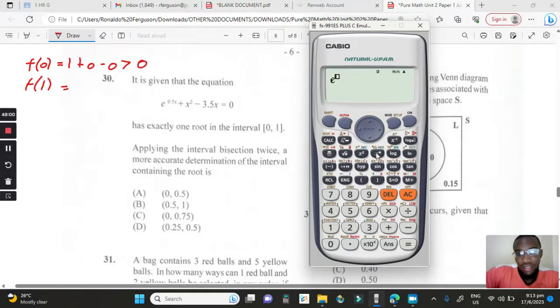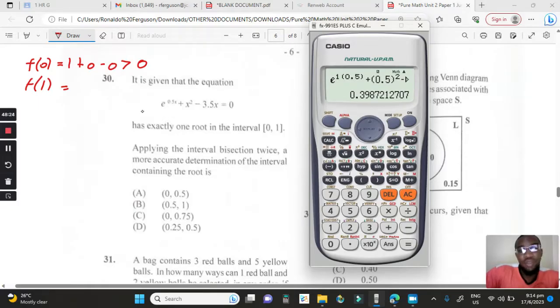exponential e raised to the first power times 0.5. And then we have plus, this is now 0.5, and that's being squared. Then we subtract 3 times 0.5.